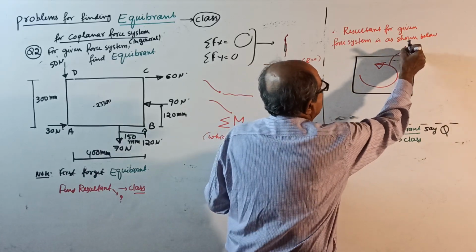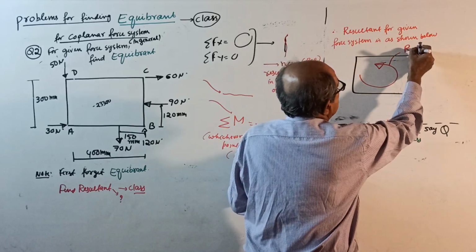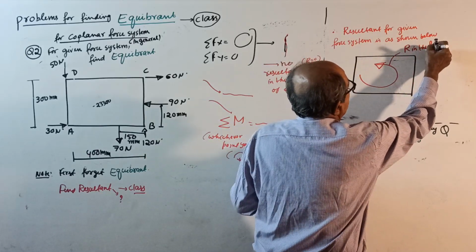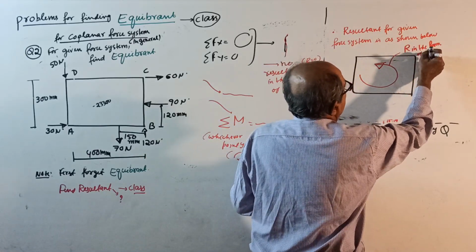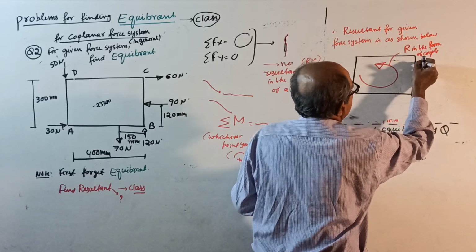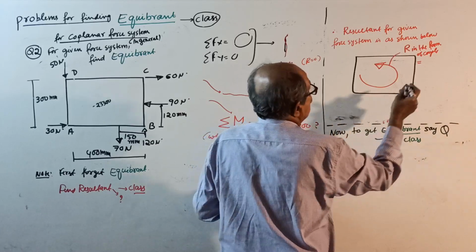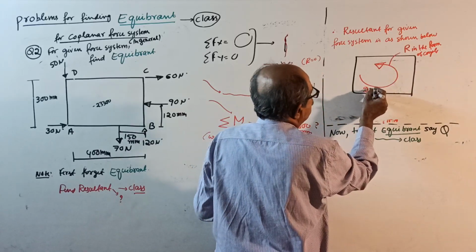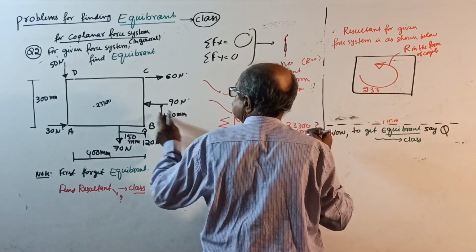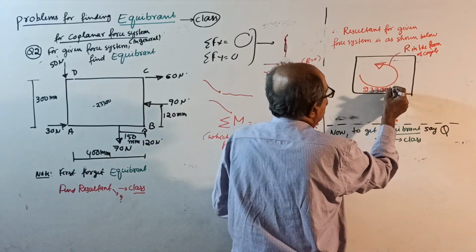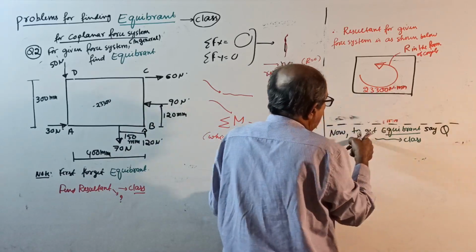See, the resultant is in the form of a couple, anti-clockwise of 23300 Newton millimeter.